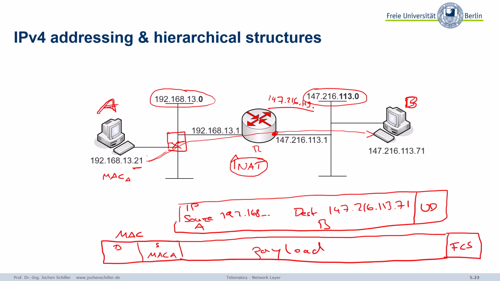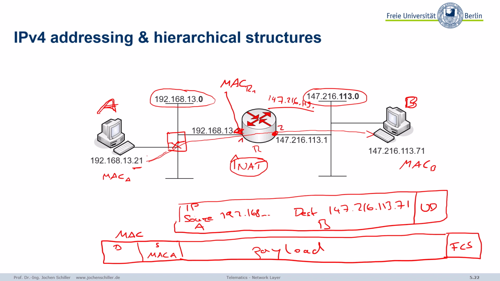What is the destination? Now many people think somehow we have to find out the MAC address of B. No. What we have to find out is exactly this one: the MAC address of the router, of this very specific interface 1.